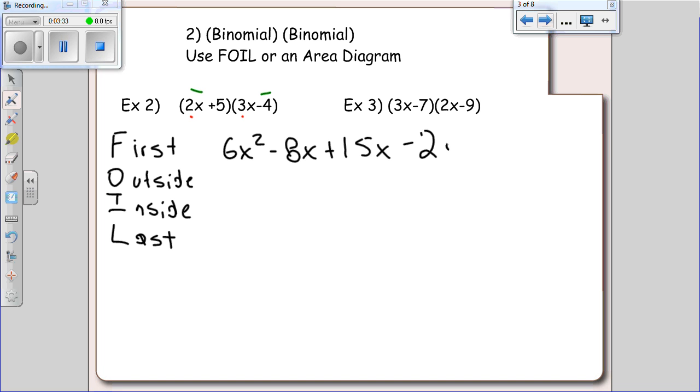Are we done? No, we're not done. If you look at this, we have an x squared, then we have an x, and then no x's. The x's in the middle can combine. They need to simplify. So negative 8x plus 15x would work out to give you positive 7x. Everything else stays the same.